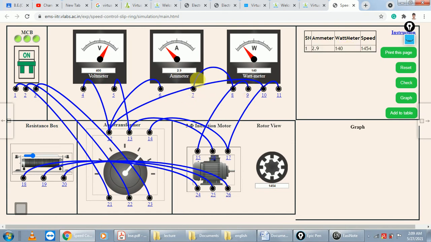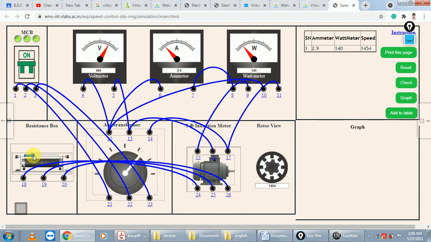Okay, when we increase the rotor resistance value, the power drawn from the supply is more. In the previous case it was 40 watt, but in this case it's 140 watt, which means copper losses increase.